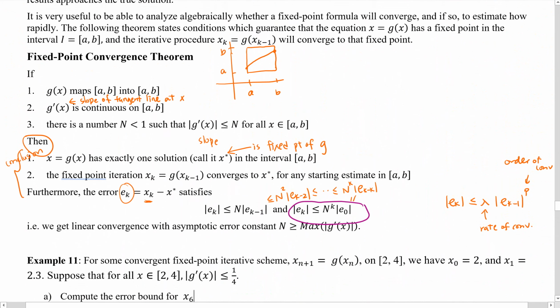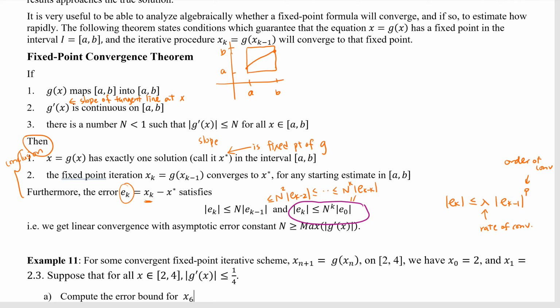Okay, so we have three hypotheses. First, g of x maps [a, b] into [a, b]. Second, g prime of x is continuous on [a, b]. Third, there is a number n less than 1 such that the slope, which is the absolute value of the derivative, is less than or equal to n for all x in this interval.